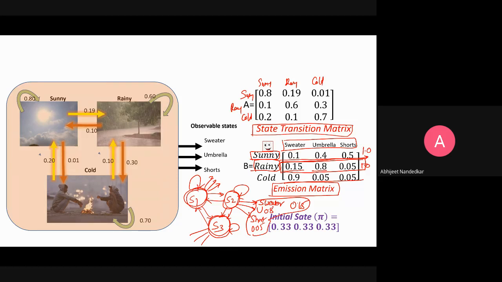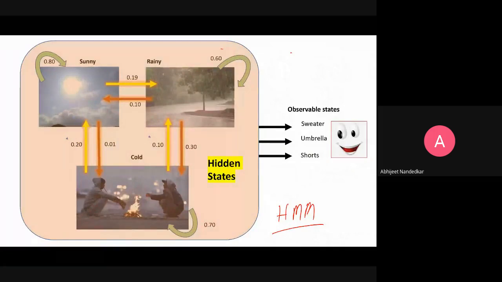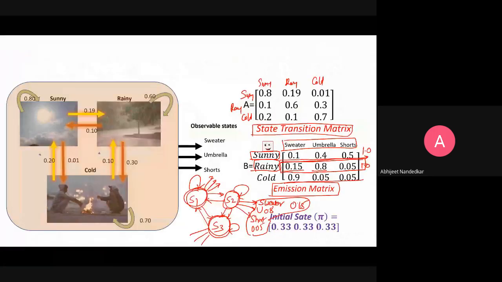So for simplicity, I am just taking three indicators that are observable. So the states which are observable are here: sweater, umbrella, and shorts.